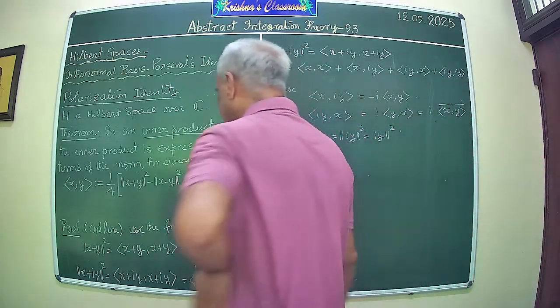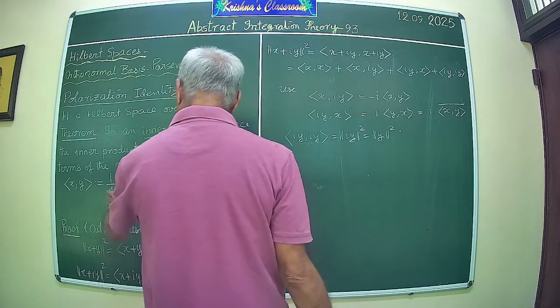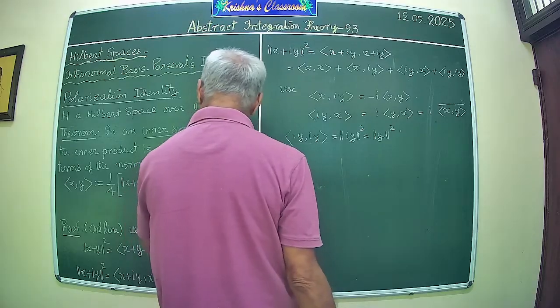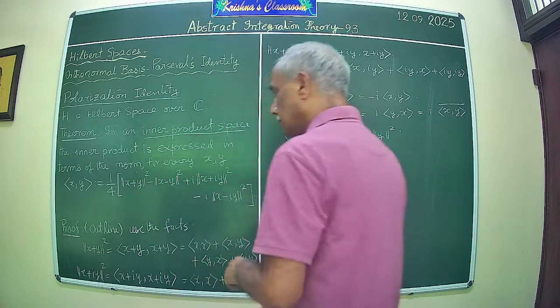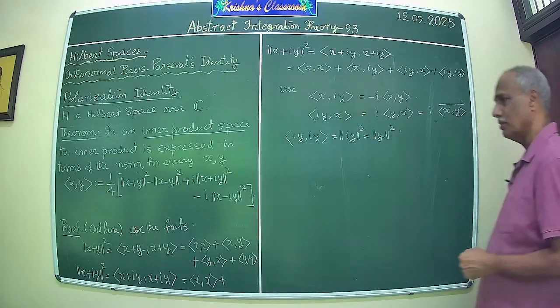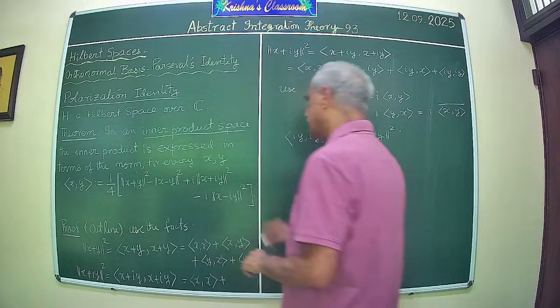If you expand it and simplify this side by substituting these things in the inner product form, and then a lot of cancellations take place, and eventually you are left with 4 times inner product of x. So I leave the proof.